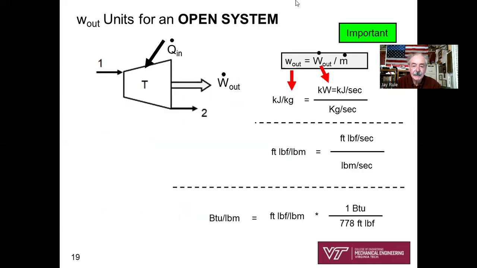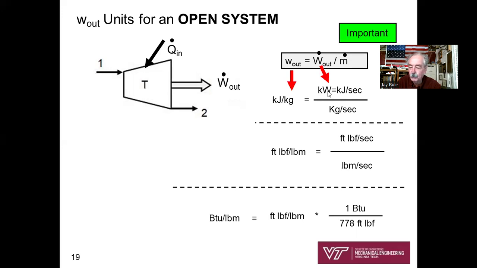Okay, let's see. Now, units of little w for an open system. As a reminder, little w for an open system is in kilojoules per kilogram. Hopefully I introduced that. And then W dot out over m dot is the definition of little w. So let's see if we can dissect the units of W dot out.